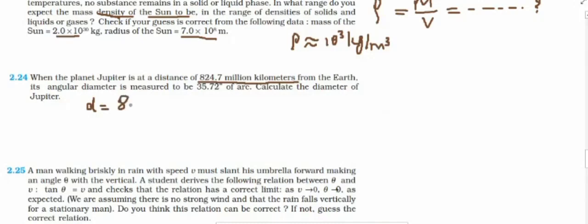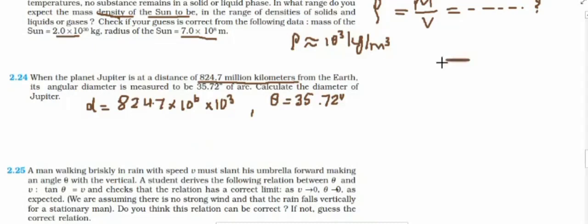So you can have 824.7 first of all million, 10 power 6, then kilometer to meter, 10 power 3. Then the angle is given, theta is equal to 35.72 seconds. Calculate the diameter of Jupiter.